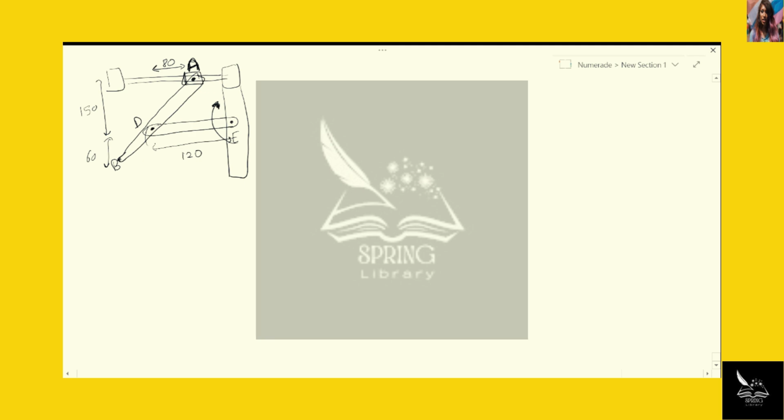So this is going to be our omega for DE. So it's given that omega DE is 2.4 radians per second.